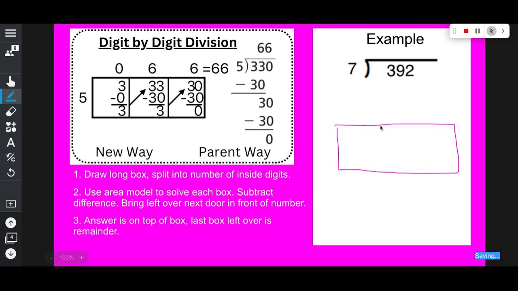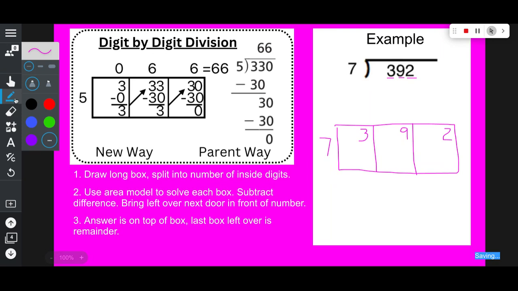All right, so we make a big long rectangle. We look at how many digits are inside the dividend, and we have 3. So we're going to break our long box into 3. And then we put each digit in the top right corner of each of those boxes. The divisor goes on the outside.